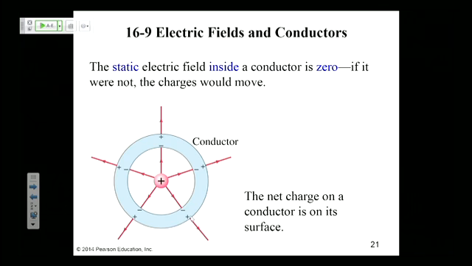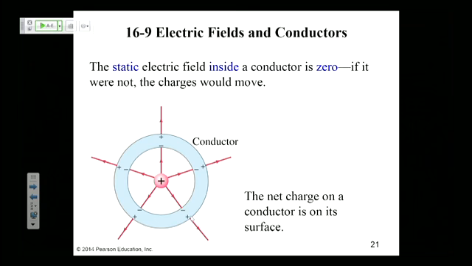At equilibrium, remember this is electrostatics. Electrostatics means we are dealing with electrostatic equilibrium. There is no motion. At equilibrium, the charges will redistribute themselves such that the internal surface of this metallic shell will be negatively charged and the external surface will be positively charged.